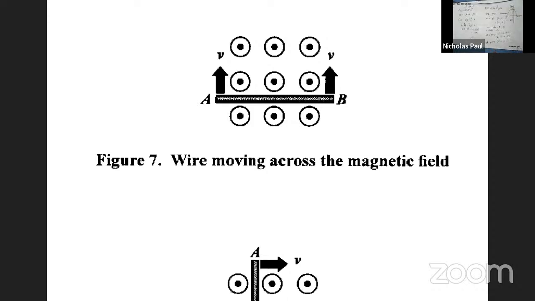Your thumb points upwards because the force is upwards. The magnetic field is coming out of the page, so your middle finger points in the direction of current. So the direction of the current is from A to B.